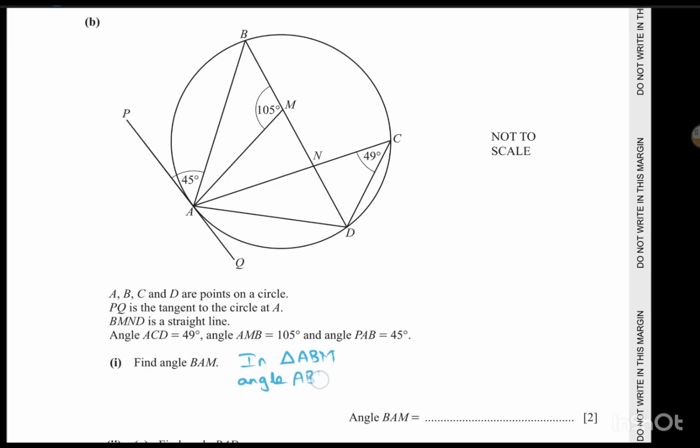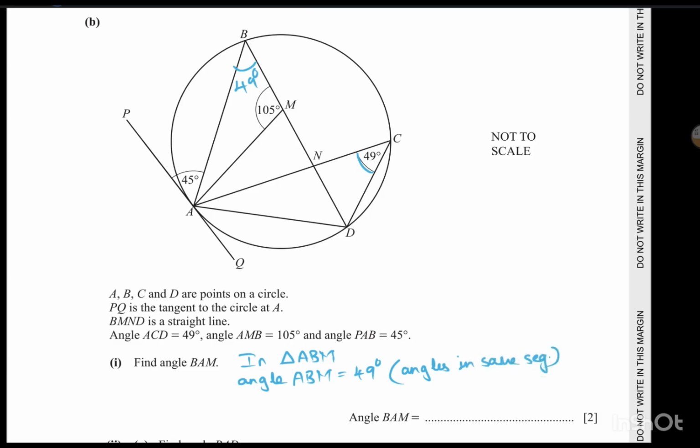How? Because angles in the same segment are equal, because this angle ACD is 49 degrees. So angle ABM also will be 49 degrees because they are in the same segment. Angles in the same segment.